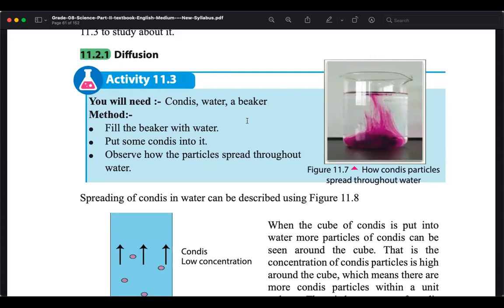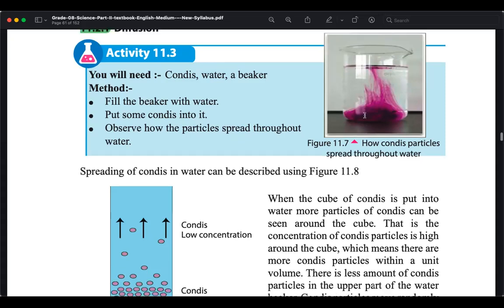You can observe this very easily by putting a few drops of condensed milk, or a few small particles of condensed milk, into water. If you observe after some time, it will start spreading, and ultimately, if you keep it for a long time, it will spread all over the beaker. What really happened?